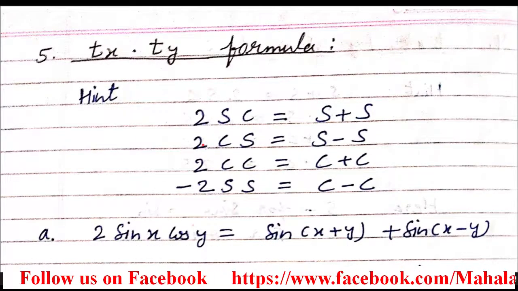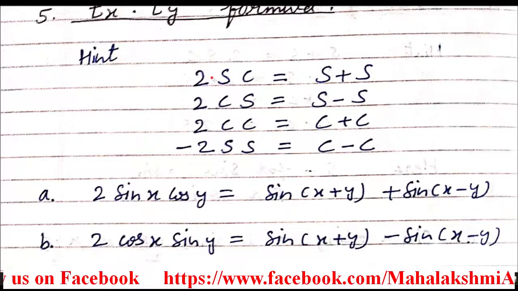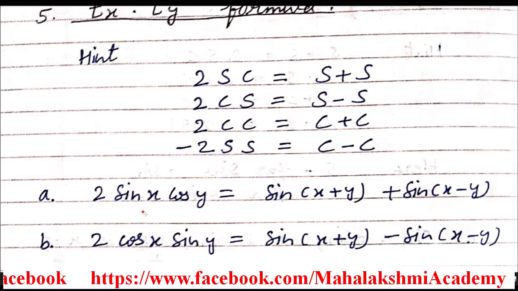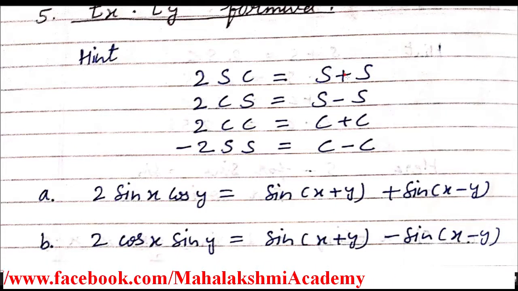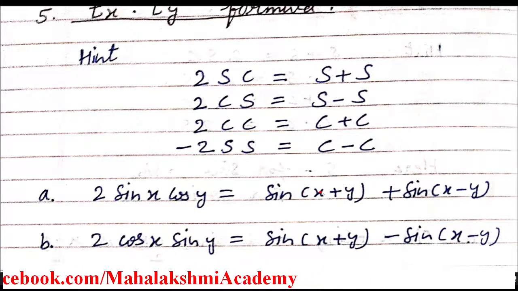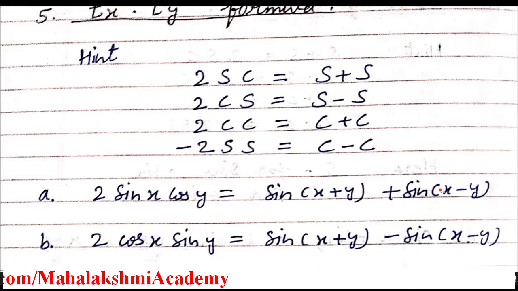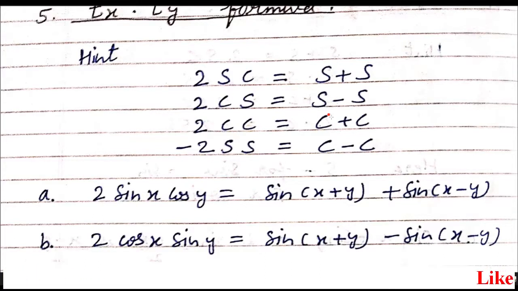Just see, the first line we have to fill here is 2sc. So it's going to be 2 sin x cos y is equal to, now s plus s, so sin (x plus y) plus sin (x minus y). Very simple. Everywhere you fill x here, y here, x plus y here, and x minus y here; upon 2 will not come.